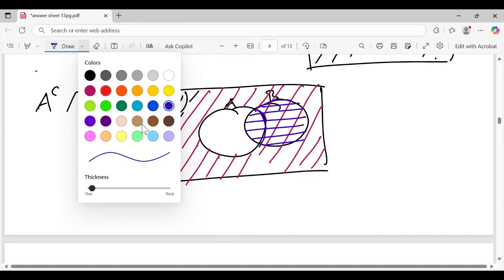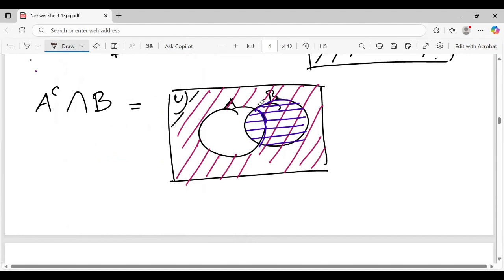This one. Yep, this one. Okay. So this area is the solution area, the elements of the intersection. It has the double shading. Okay. So this is the area of A complement intersection with B.